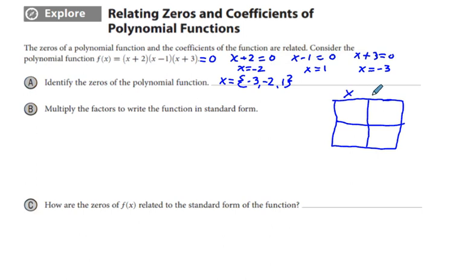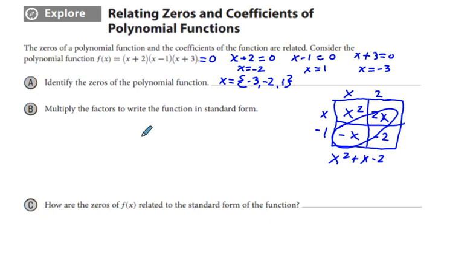So we have x plus 2 and x minus 1. We have x times x is x squared, x times 2 is 2x, x times negative 1 is negative x, and negative 1 times 2 is negative 2. Combining like terms, negative x plus 2x is plus x, and then minus 2. So that's multiplying two of those factors together.